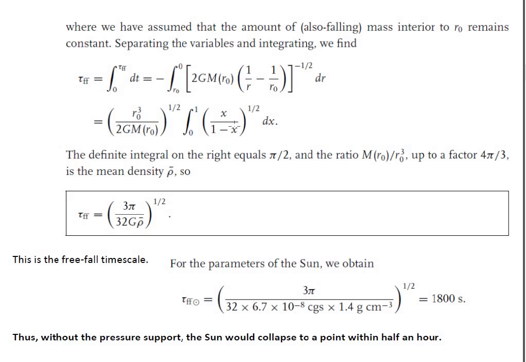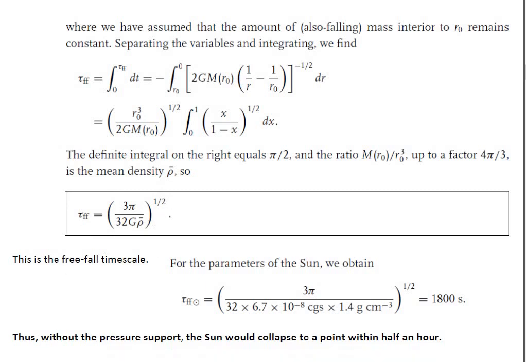Now, separating the variables and integrating, we get the free fall time like this. And if you do the integration, the value is this, pi by 2, and considering the density, then you get this value for free fall time scale. Note that this is dependent on 1 by rho average to the power half.